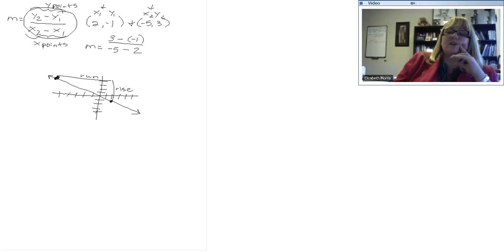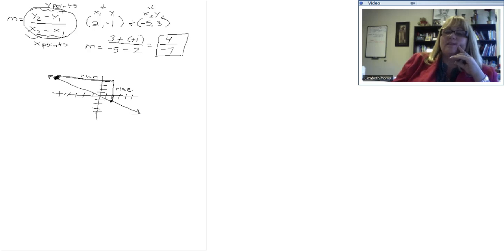Take a second and look at where I got those from. I used the formula, and I got them from our 2 points. Now we know 2 negatives make a positive, so 3 plus 1 gives you 4, and 2 negatives added together gives you a 7. So your slope is negative 4/7. You'd have to go up 4 and run over 7 to get here.